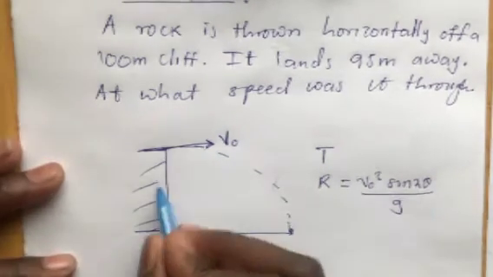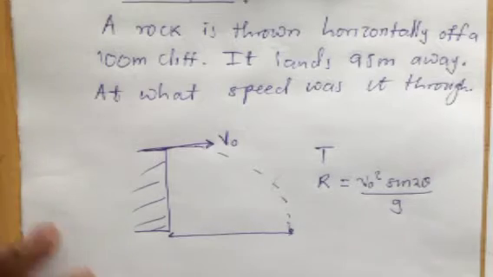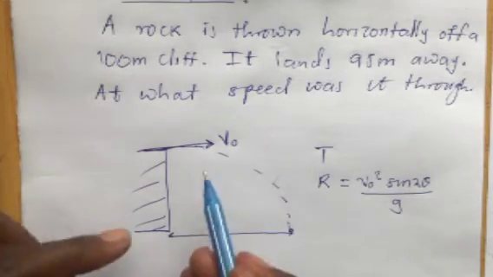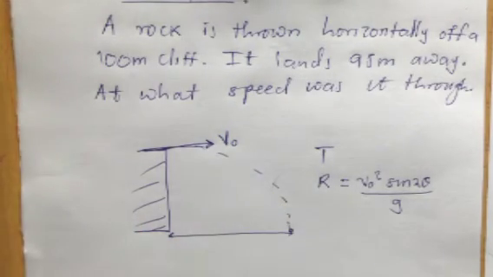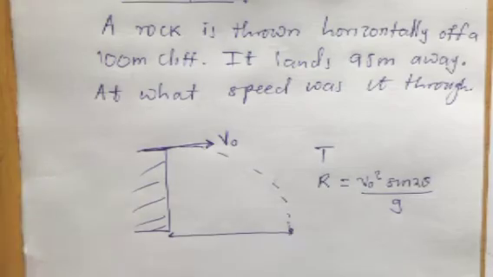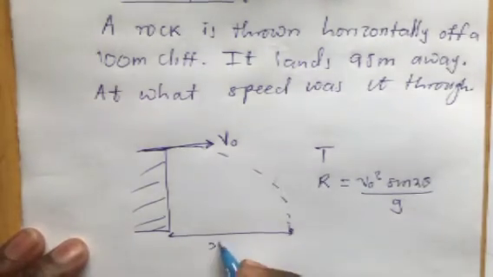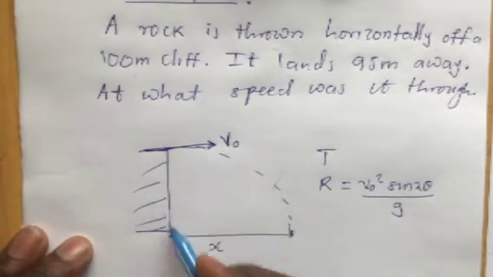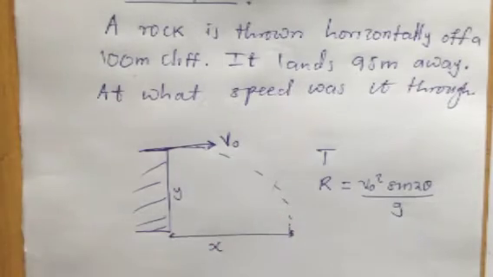Now, to easily find the initial velocity, you are going to consider two different scenarios. You consider the height and also the horizontal distance. This one has to be x. The height here has to be your y.